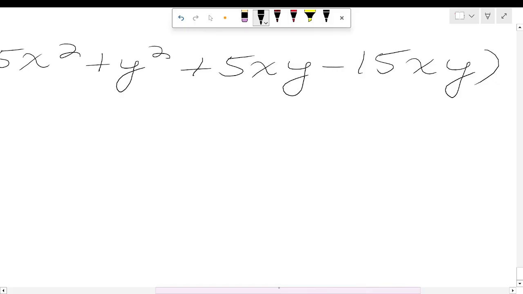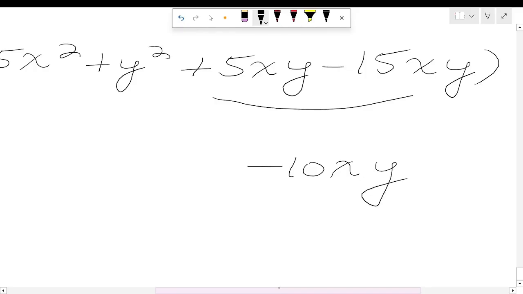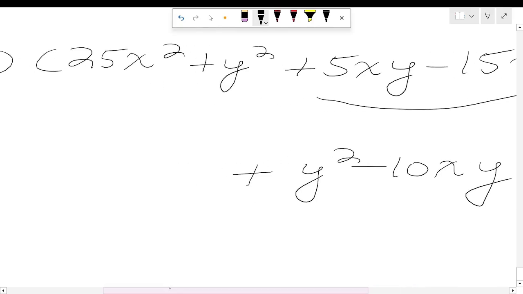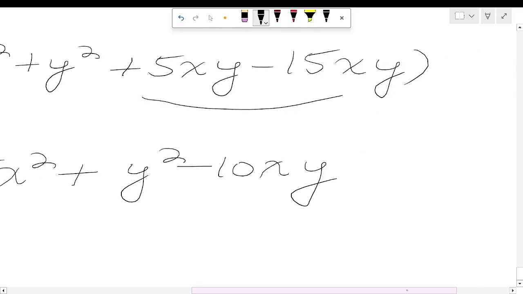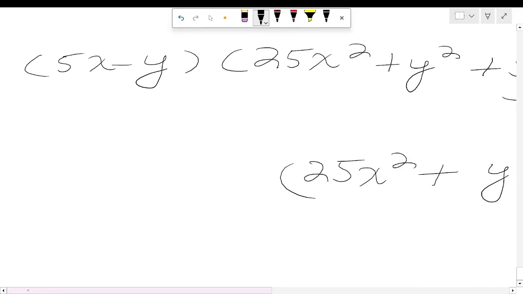Now 5xy subtracted from 15xy will produce negative 10xy, and then we have y square being added with 25x square. We'll close the parenthesis here and we'll write 5x minus y as it is.